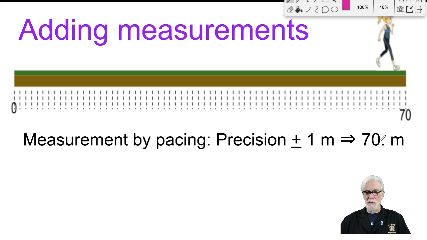So they would write 70 with a decimal point after it. What that's saying is we know for sure the tens place, and this is our variability. So this number could be as high as 71, it could be as low as 69. That's the precision that they have by pacing.